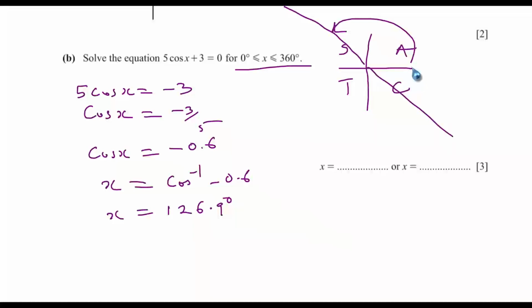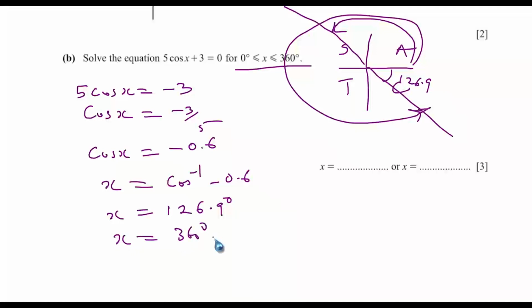It will be from here then up to this line here, somewhere here. So that will be 360 subtract 126.9, because this will be 126.9, okay?